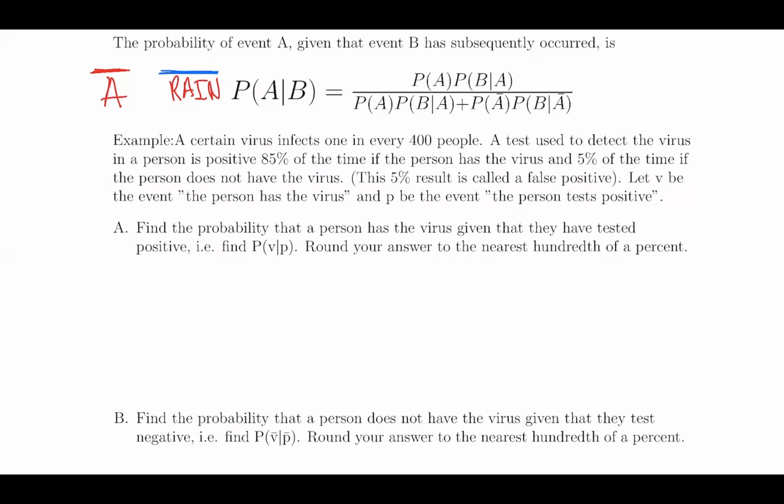Okay. So let's go ahead and do part A. Remember, for part A we're going to use a tree diagram. It says find the probability that a person has the virus given that they tested positive. So we're finding the probability of V given P. So right here, what's the given?